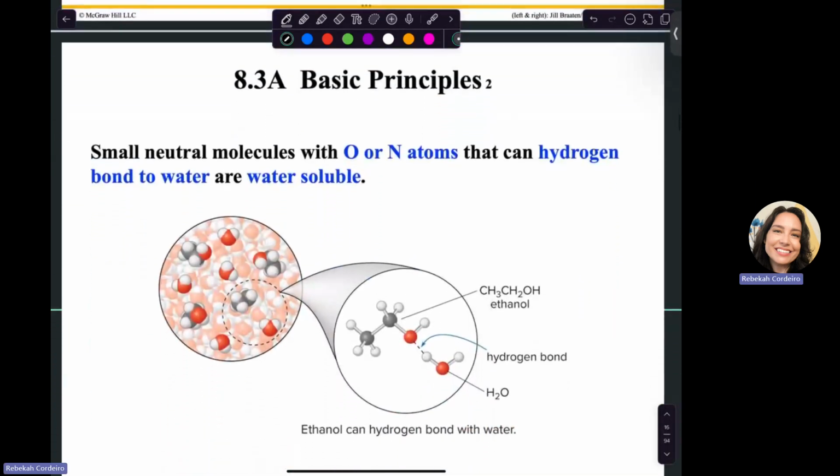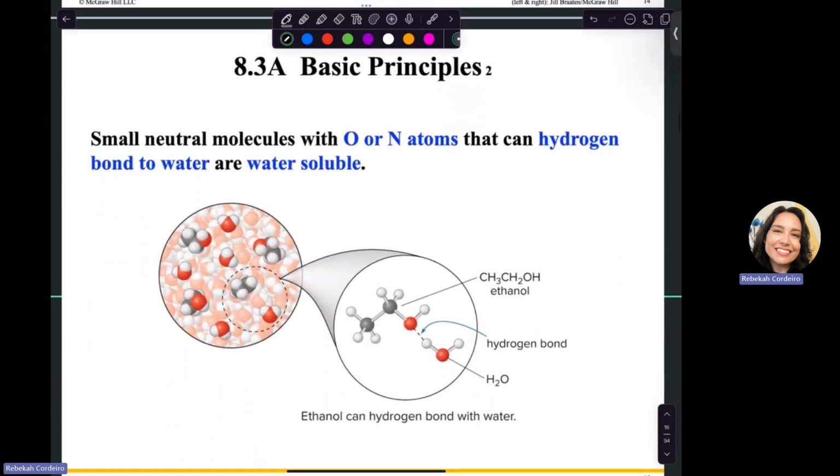Some molecules have oxygen and nitrogen, and they can do some hydrogen bonding. If you can hydrogen bond with water, you're more likely to dissolve in water because you're similar. We have a similar language we can talk, which is hydrogen bonding. Usually it's just the small molecules that do this.